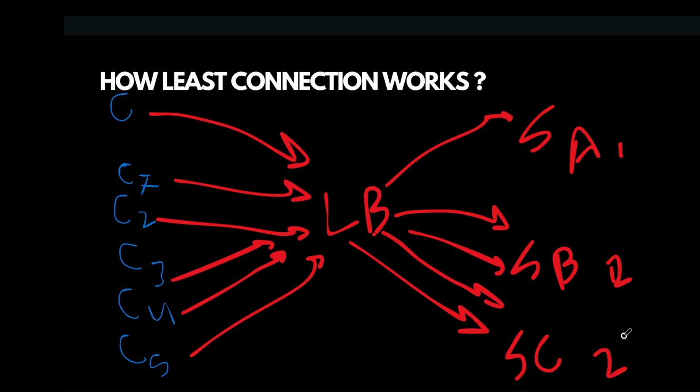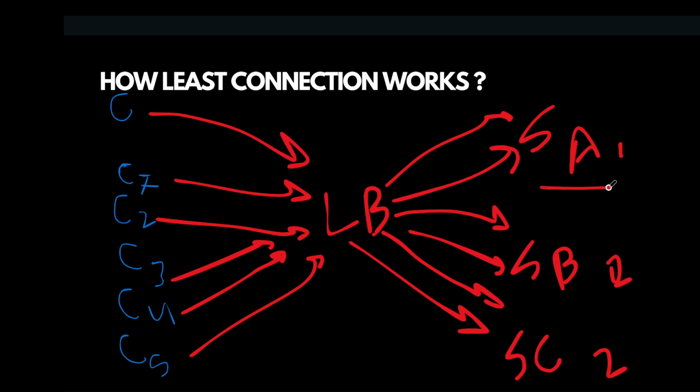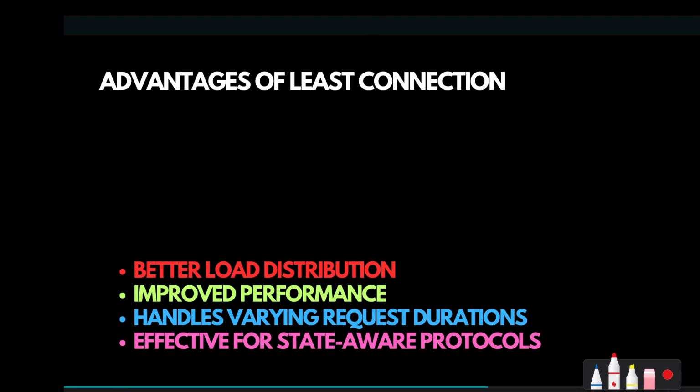So right now in the load balancer, server B has 2 connections, server C has 2 connections, server A has 1 connection. So the request goes to server A because it is the least connection one. This dynamic approach ensures that new work is always directed to the server that seems most available to handle it, leading to a much more balanced distribution of active workload.